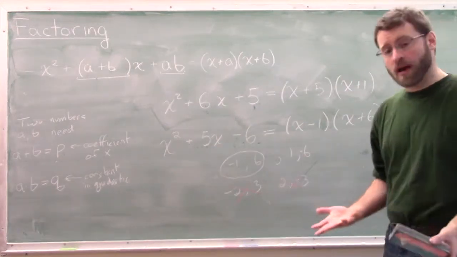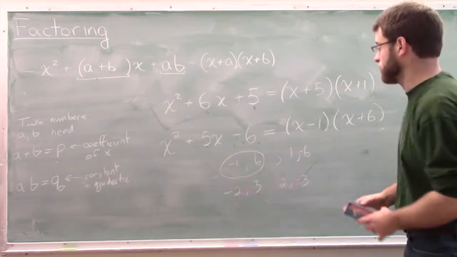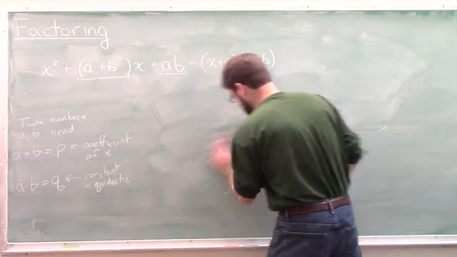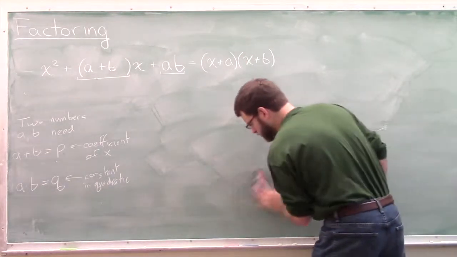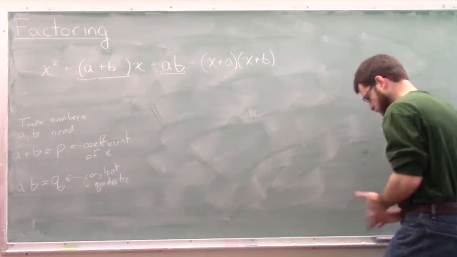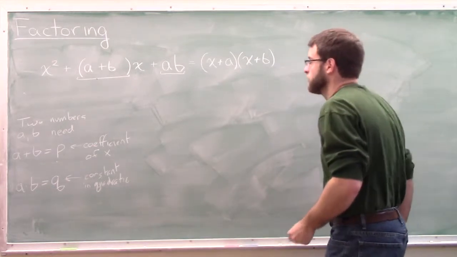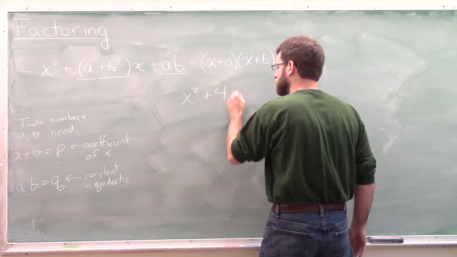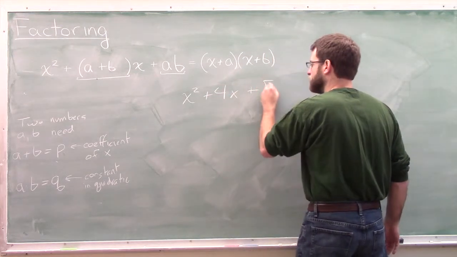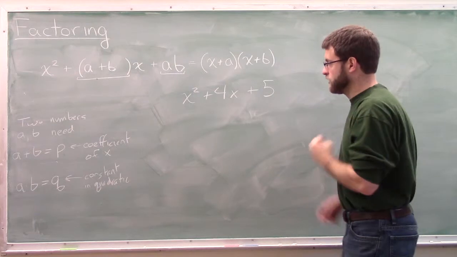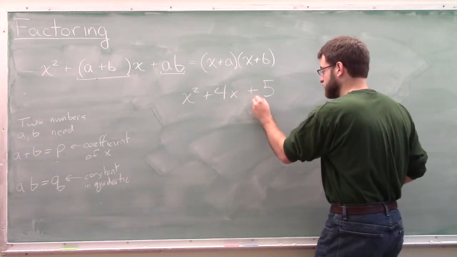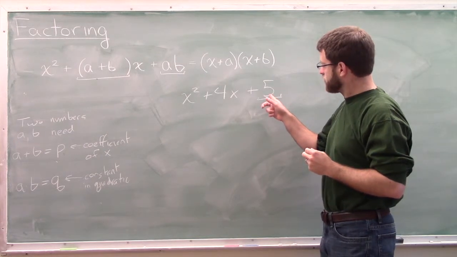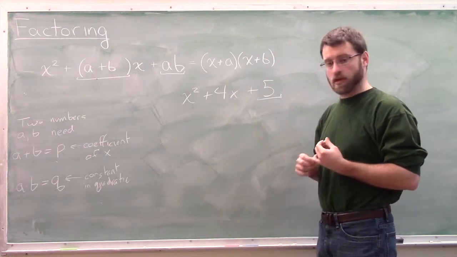You have to be aware that this doesn't always work. Okay? So let's look at some other examples. Suppose I had x squared plus 4x plus 5. If I tried to factor this, I would need a product of my numbers to be equal to 5 and the sum of my numbers to be equal to 4.